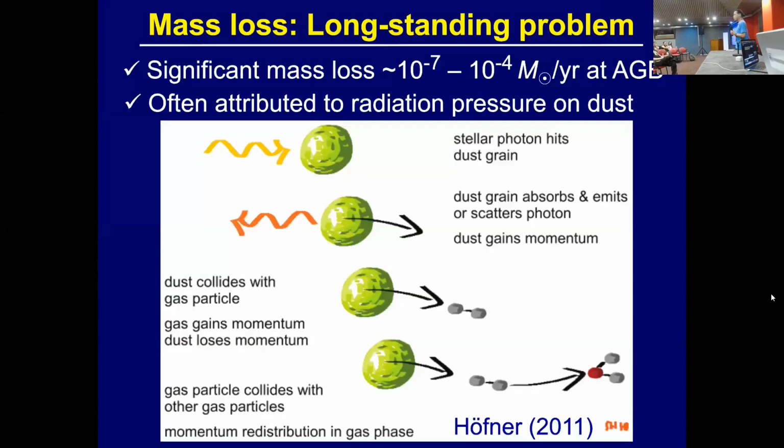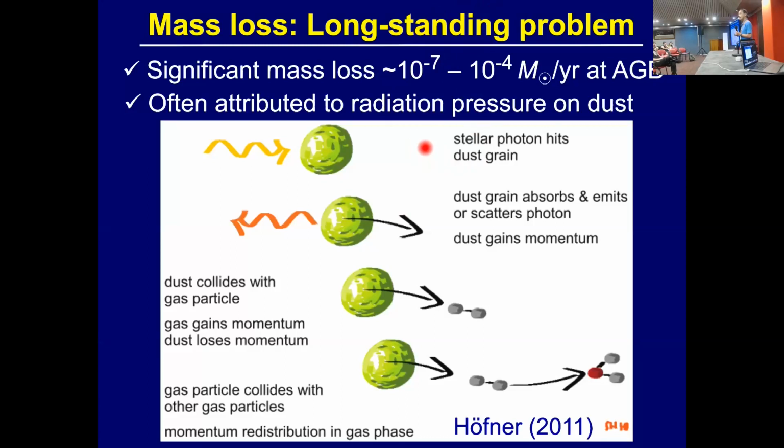First of all, a very quick introduction about mass loss at the asymptotic giant branch phase. Stars at the AGB phase start to lose mass at a significant mass loss rate, up to 10 to the minus 4 solar masses per year. The mechanism behind this mass loss is a long-standing problem, and it is often attributed to the radiation pressure on dust grains, as illustrated here.